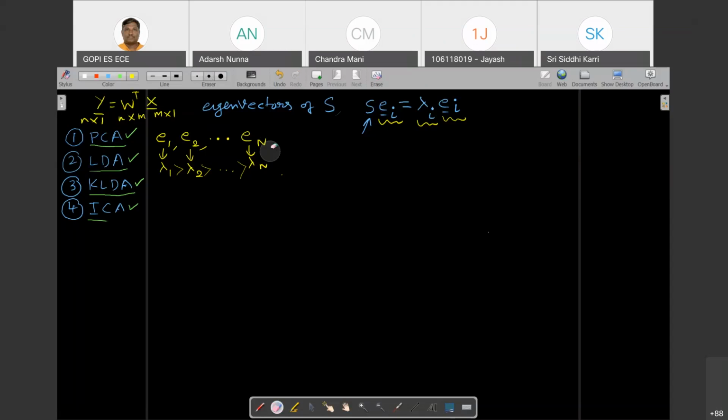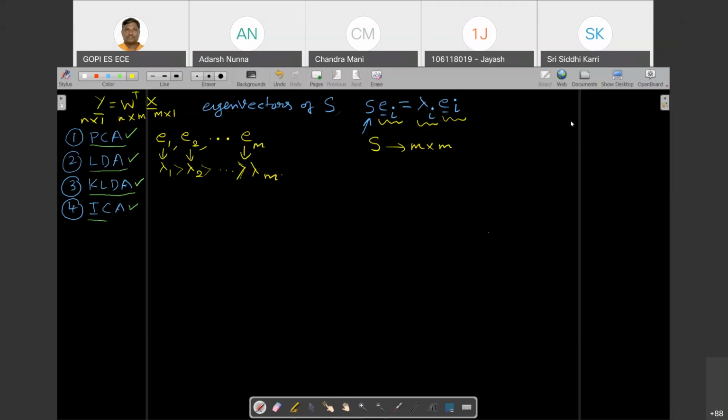You're right, because the scatter matrix is m cross m, you actually get m eigenvectors and m eigenvalues: lambda 1, lambda 2, and so on up to lambda m.